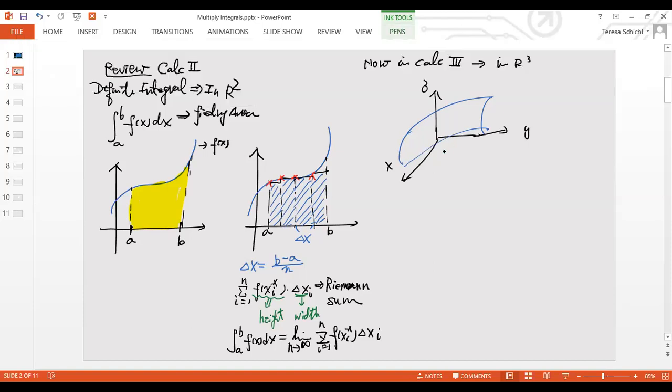So let's say that in the integration area, I have a rectangular region.